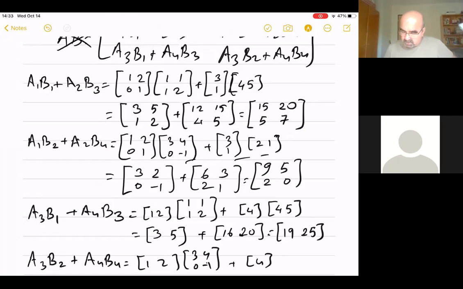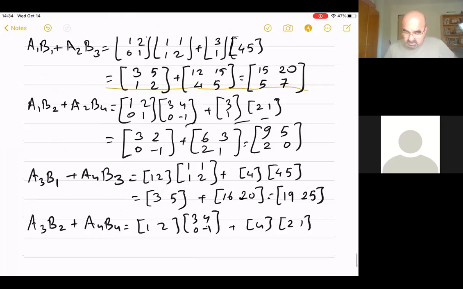And B4 is 2, 1. You multiply this, a little bit long, but it is good. It is 3, 4 minus 2 is 2, right? Plus 8 and 4, which is 11 and 8.